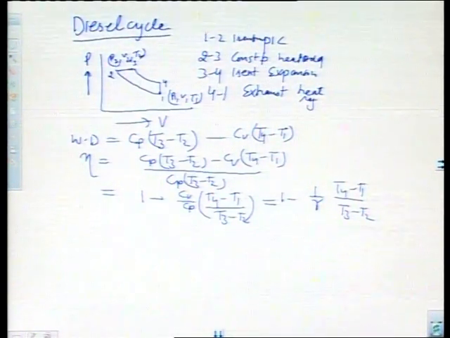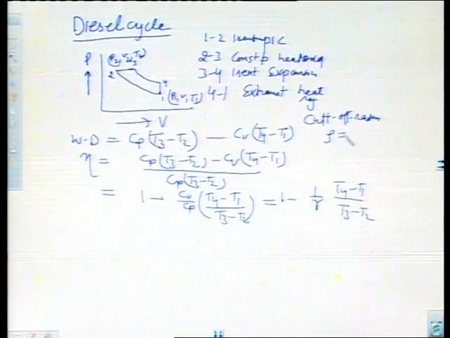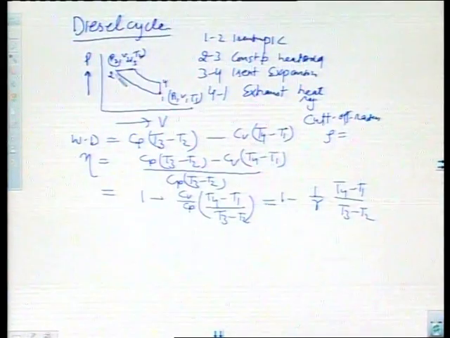Here we can further derive this relation in terms of the compression ratio. Again, there is one term used here, the cutoff ratio, which is denoted by rho, which is equal to V3 divided by V2.